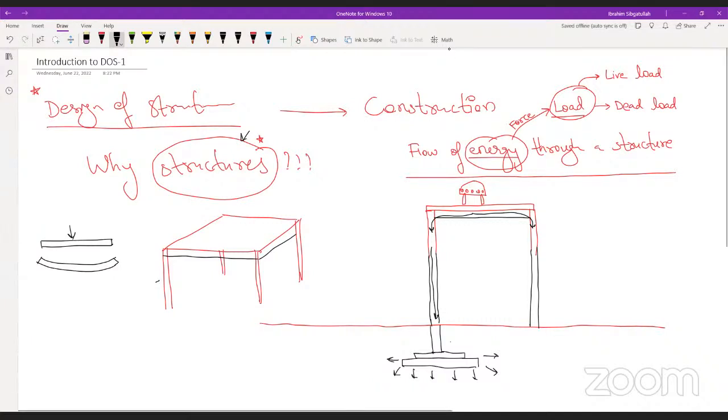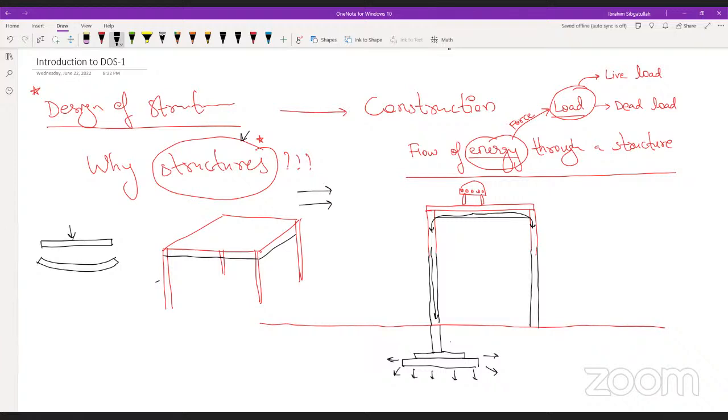But still, why exactly are we supposed to understand the flow of energy through a structure as an architect? I'll tell you the answer in very simple words. As an architect, we are supposed to create designs that will practically get constructed on the site.